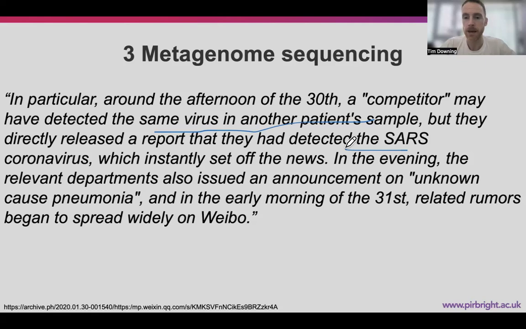And later that day, that was announced more widely, and I think certainly in Ireland and the UK, by December 31st, that was widely available on social media, not just in China but globally as well. So you can see how if we have rapid metagenomic approaches, that can be useful in terms of communicating what may be present and acting on that rapidly.